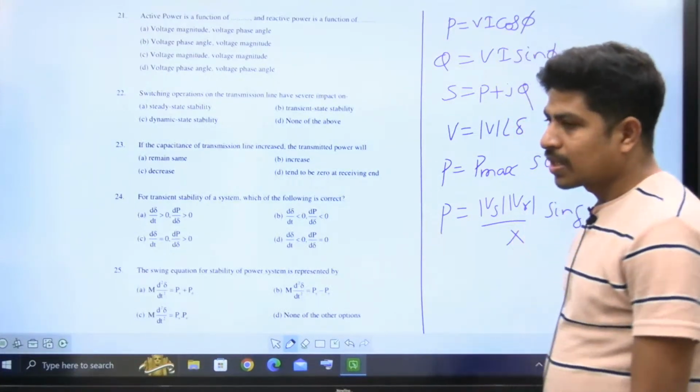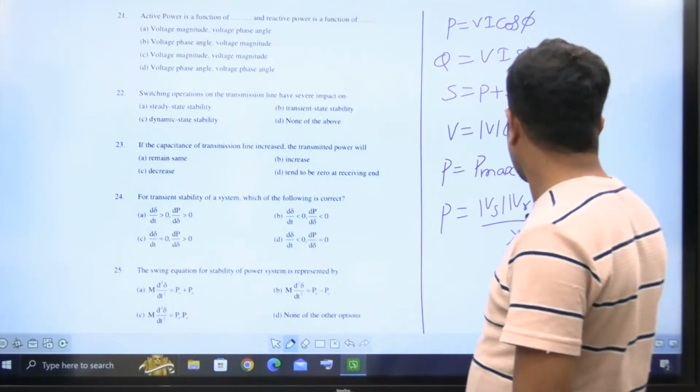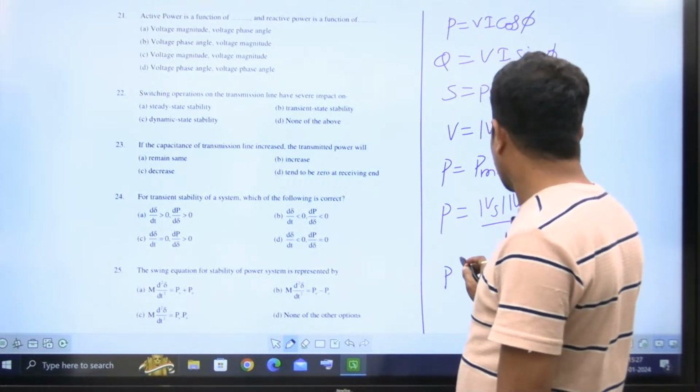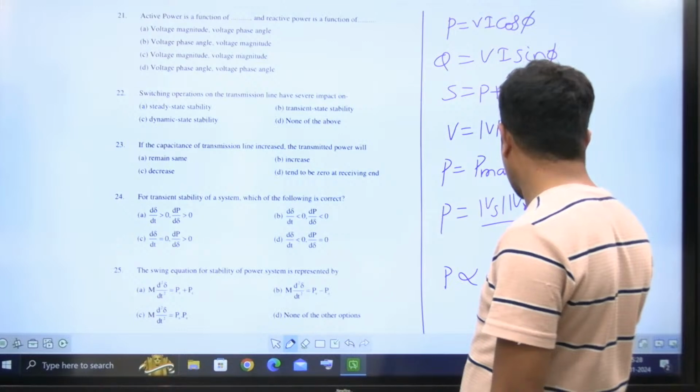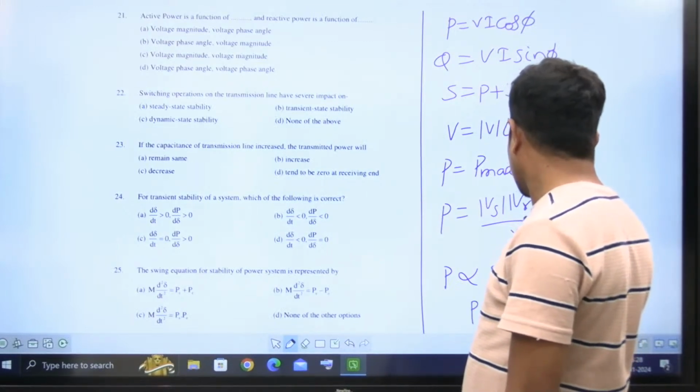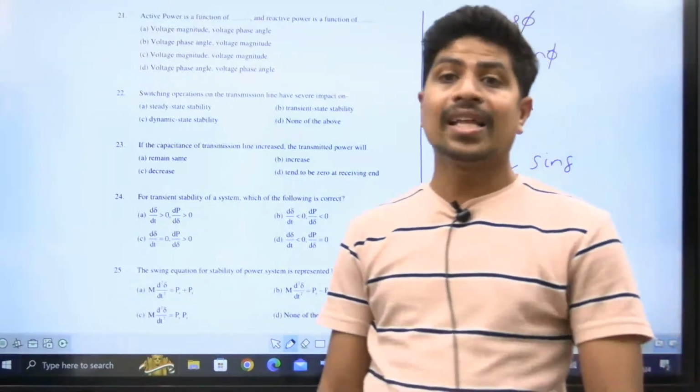Now, whenever load changes, sine delta is going to change. I can write approximately that active power is directly proportional to sine delta. Yes, active power is a function of delta, the phase angle.